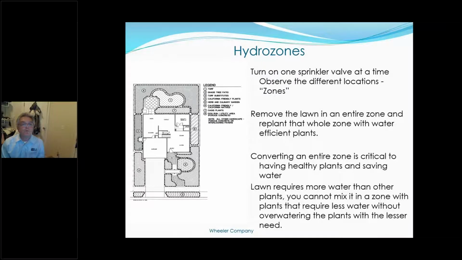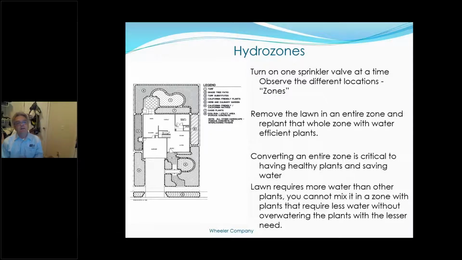If you're going to convert an area, make sure the entire zone, in other words, every sprinkler that is operated on that zone, make sure you convert that entire area. You wouldn't want to convert to drought tolerant gardening and then have a sprinkler that was watering the lawn on that particular design.